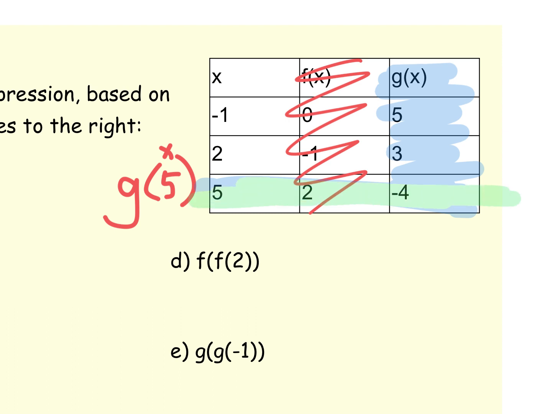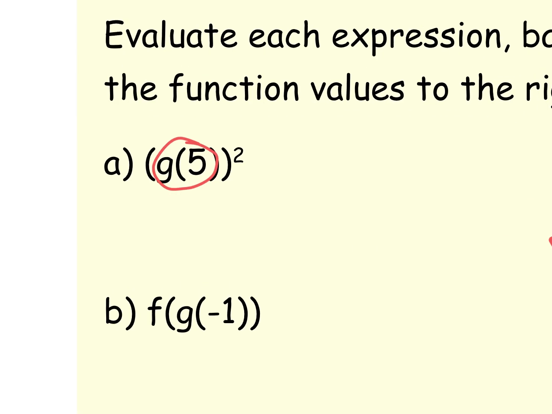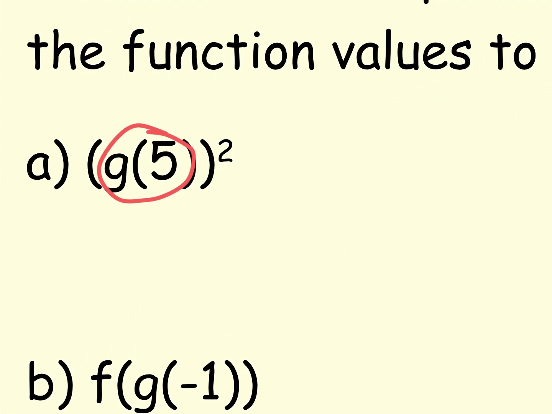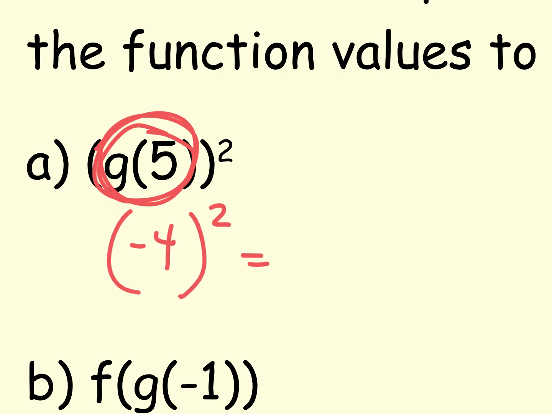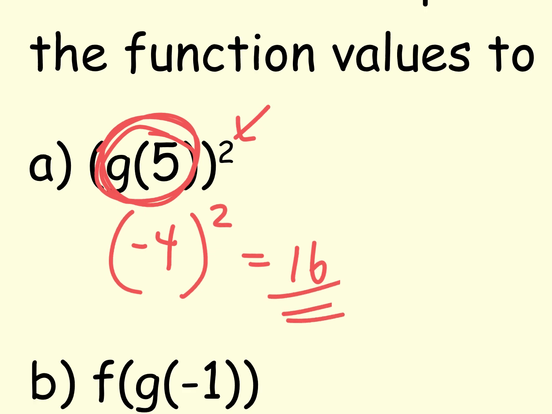And where do those two overlap? At the -4. So that's the answer. But wait, I got -4. That's just for this part. Now it's -4 for that part, squared because of this. And then the final answer was actually 16. Did anybody have 16 before I said it? Sweet. Okay.